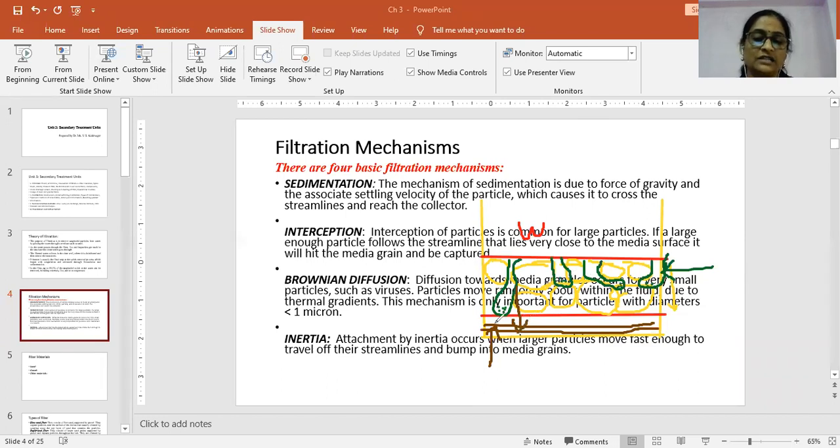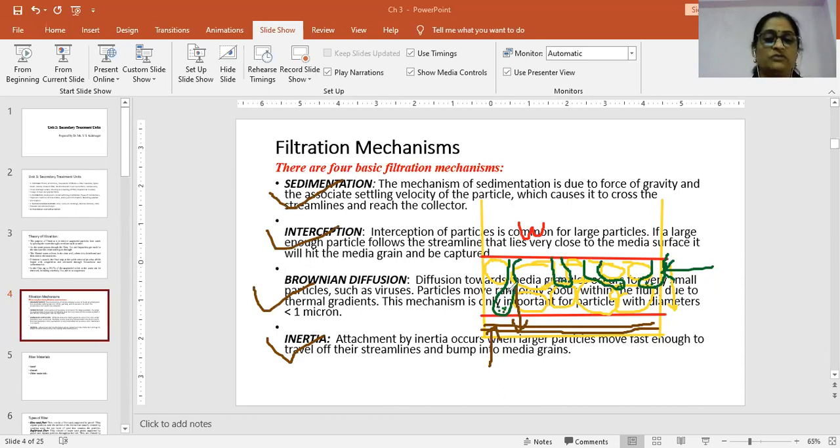That way the sedimentation action is performed. In filtration, not a single action is performed to achieve the 99.5% efficiency, but four different mechanisms are working together, and these four mechanisms are helping each other to increase the efficiency of the filter.